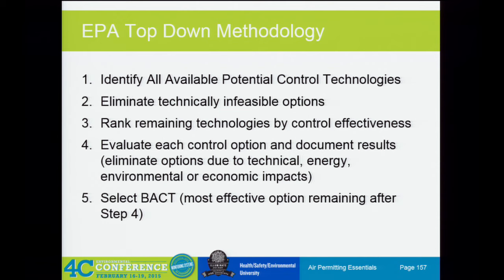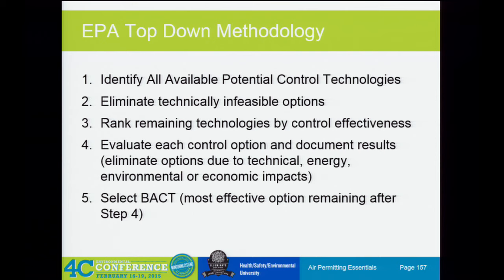Where most people go with this step is the economic impacts. If you can demonstrate that the number of tons of emissions you're reducing is not economically viable based on the control technology that you're using, you can eliminate a control device in that way. I've seen different numbers for economic impacts, but one of the most common I've seen get thrown out is around $16,000 a ton of NOx for a boiler, comparing SCR technology with low NOx burners.